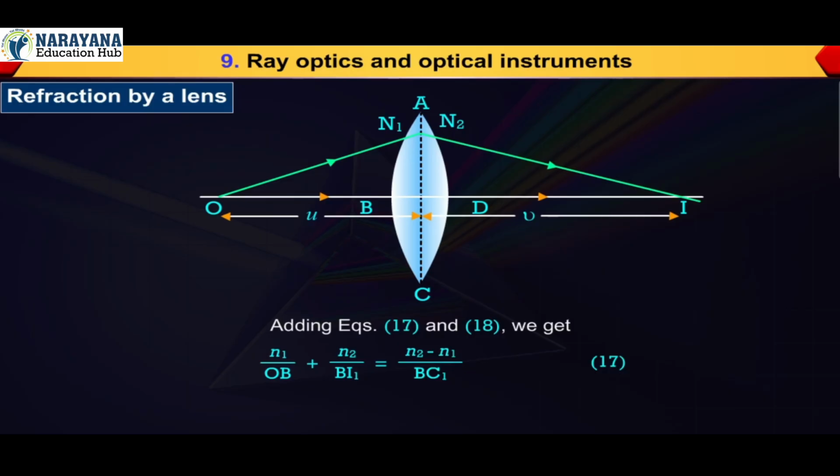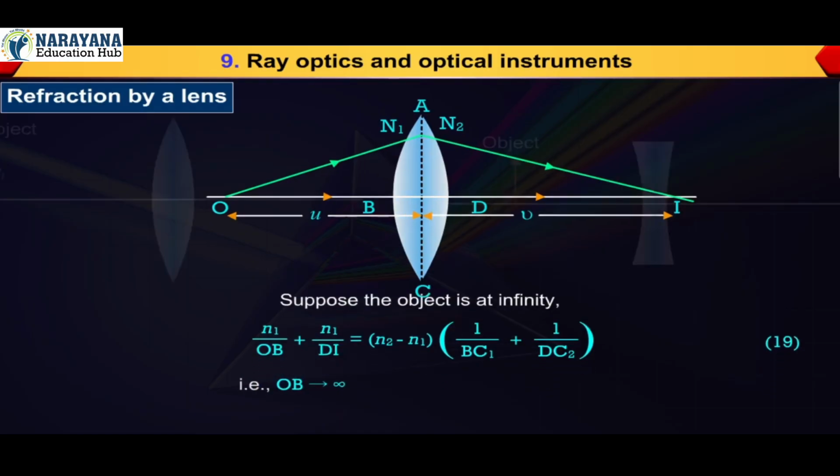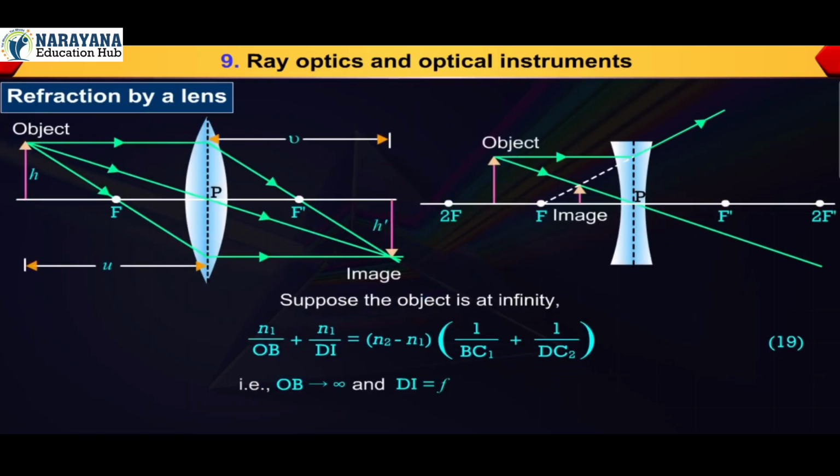Adding equation 17 and 18, we get n1 upon OB plus n1 upon DI is equal to n2 minus n1 into 1 upon BC1 plus 1 upon DC2. Equation 19. Suppose the object is at infinity, that is, OB tends to infinity and DI is equal to f.